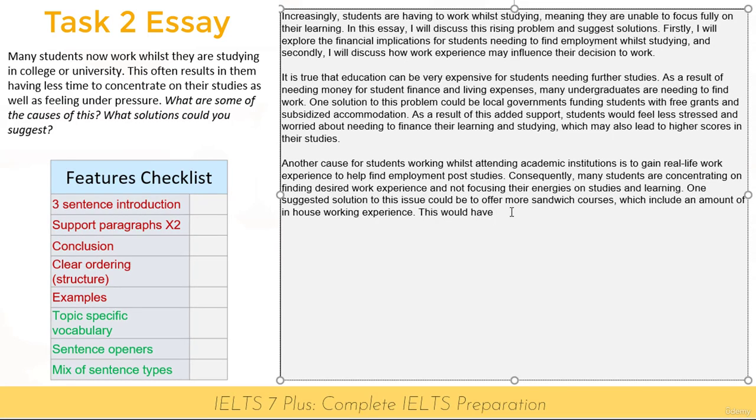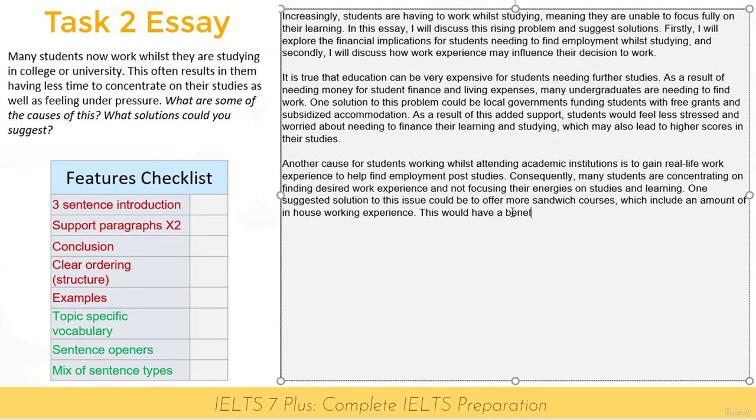So let's begin with this would have a beneficial impact on student attainment. So that is a great piece of topic-specific vocabulary for education. Attainment means how well you score in your learning.